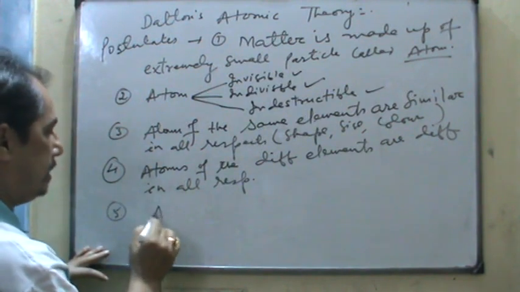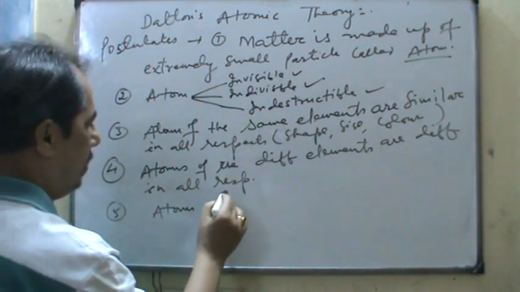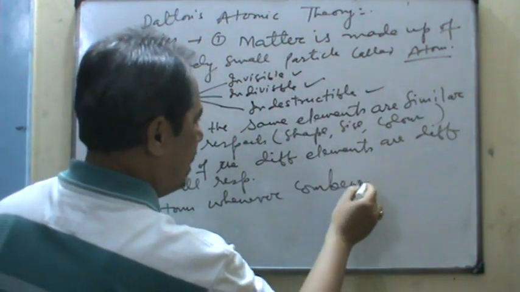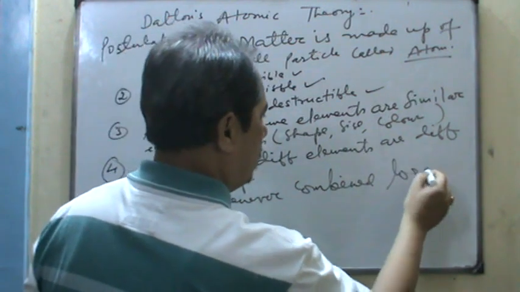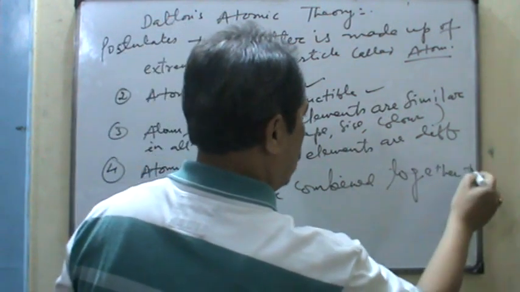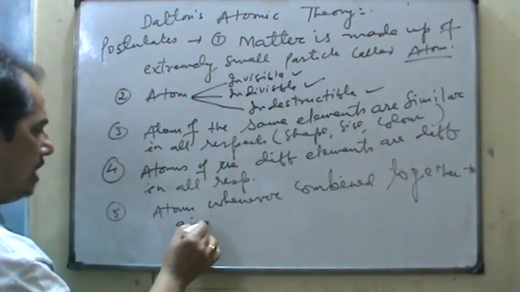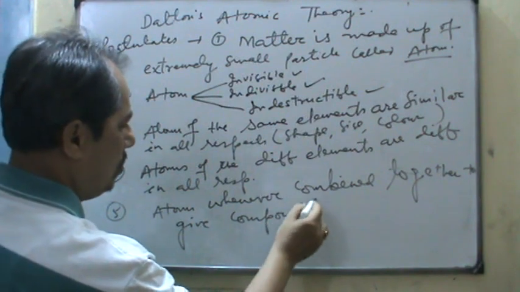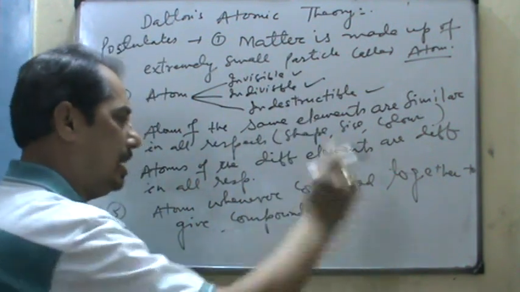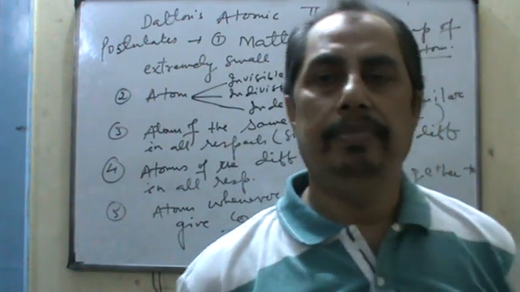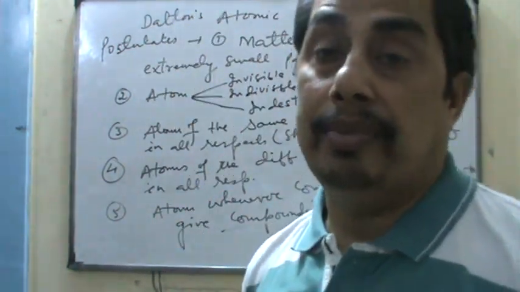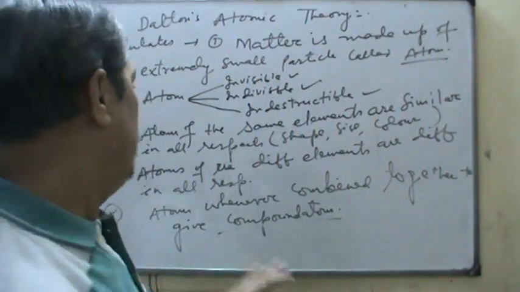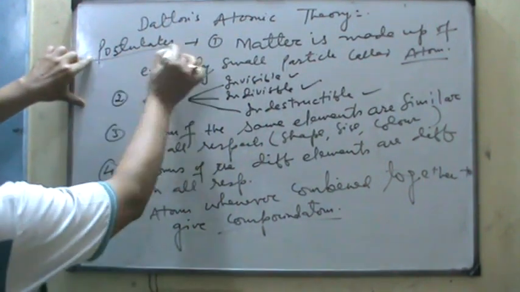Fifth, atoms whenever combined together to give what? Compound atom. Dalton did not have the idea about the compound is different from the atom. Molecule is different from the atom. So, these are the postulates.